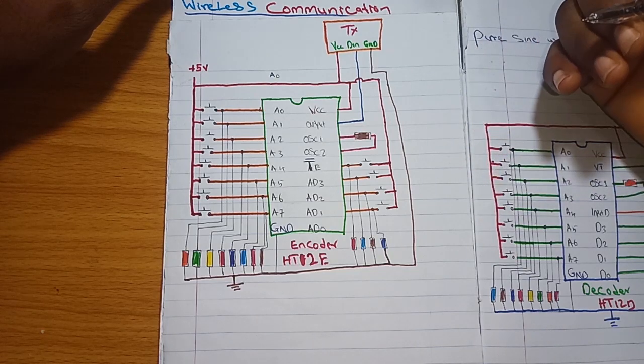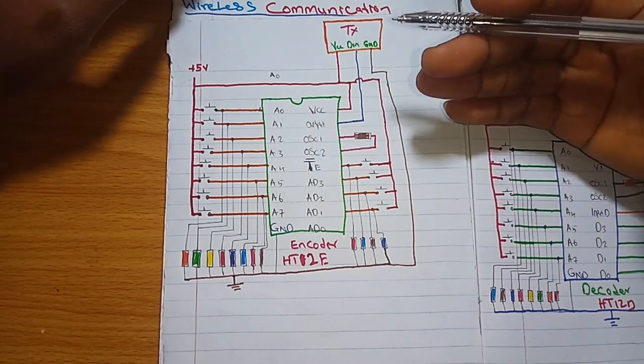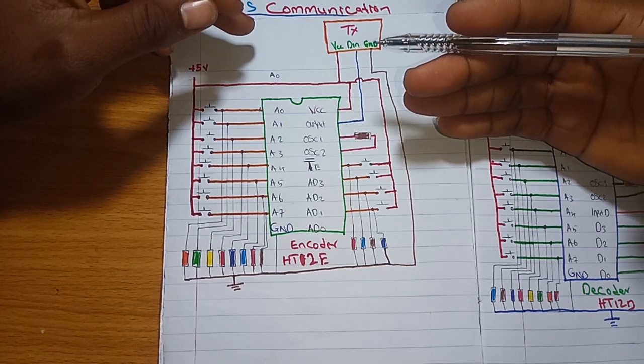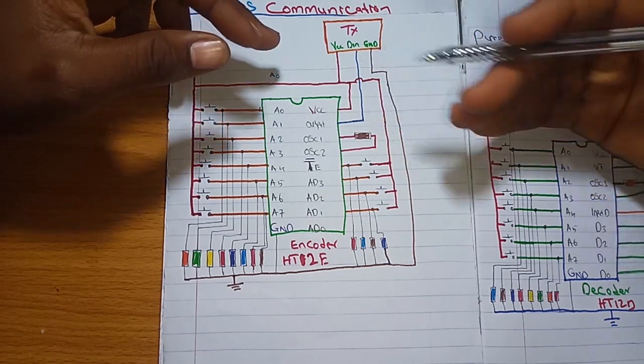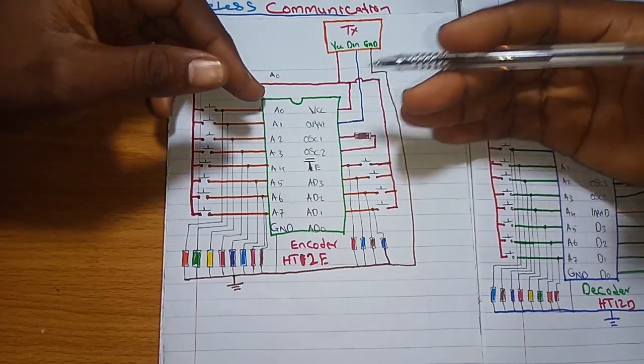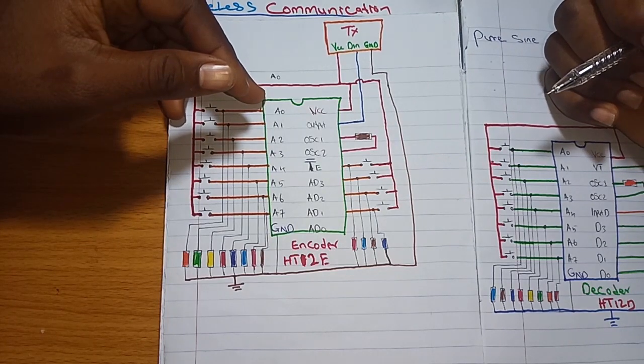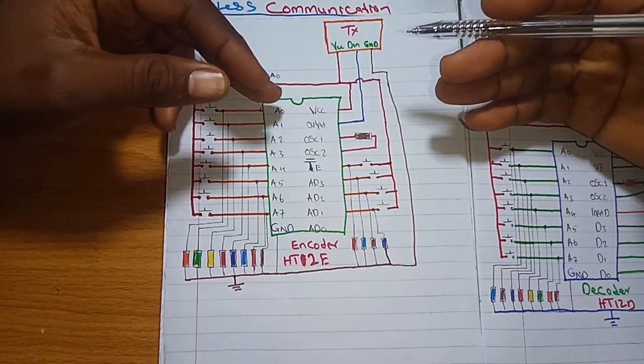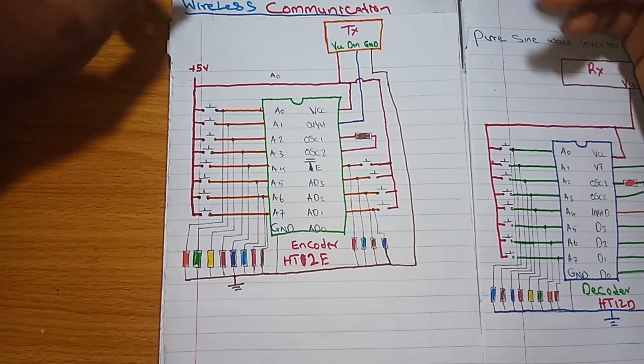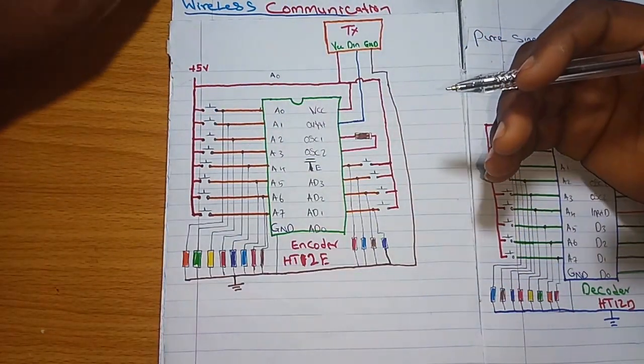What do I mean by that? I mean that it is a communication between the sender and the receiver, the sender sending information to the receiver without any sort of physical connection.